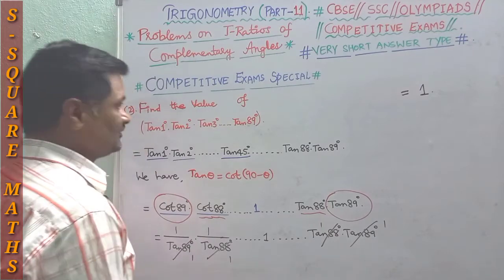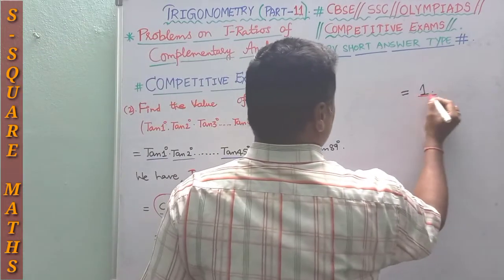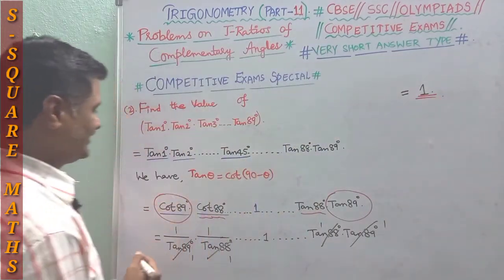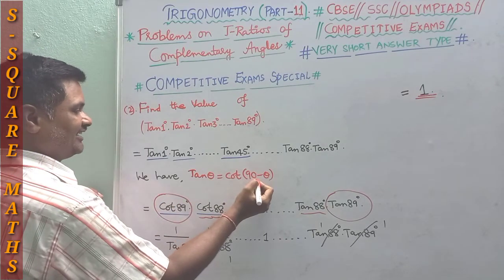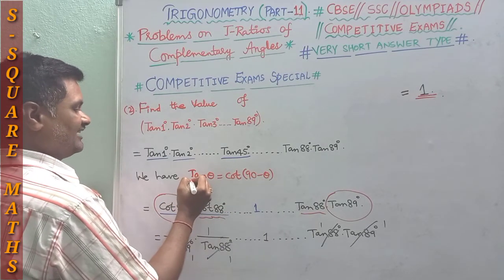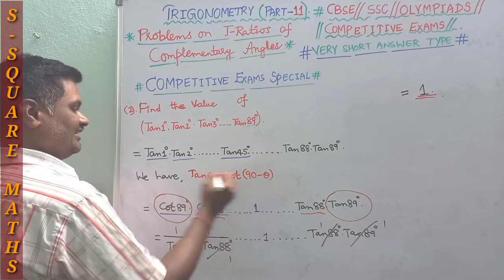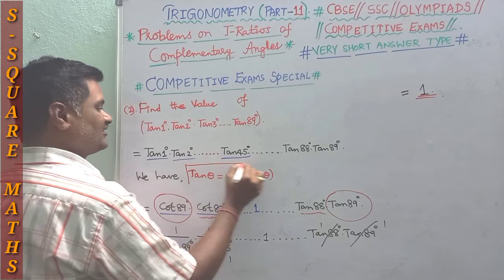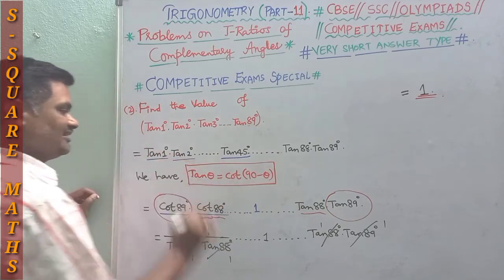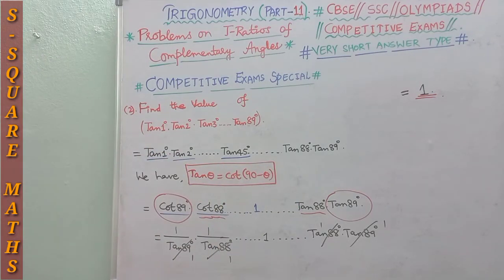Okay. So this is my final answer and this is the formula I have applied. So tan theta is nothing but cot of 90 minus theta, for example cot of 90 minus 1 degree is nothing but tan 1 degree. Cot of 90 degrees minus theta is tan theta.